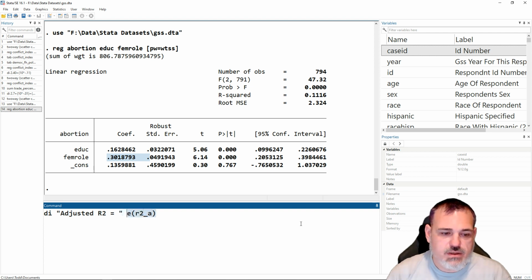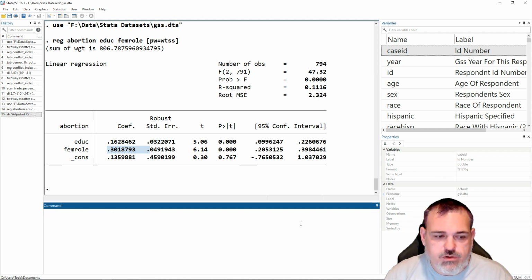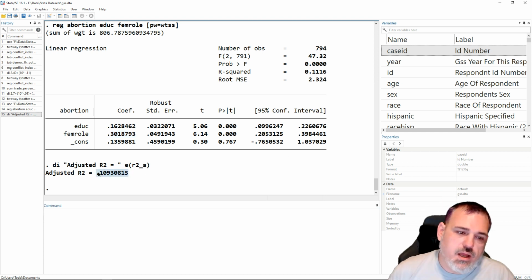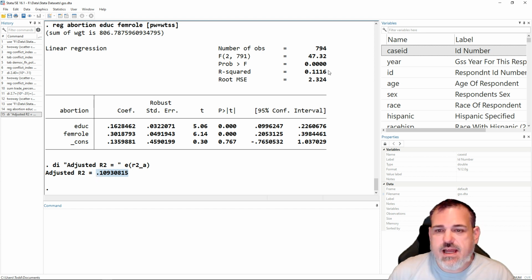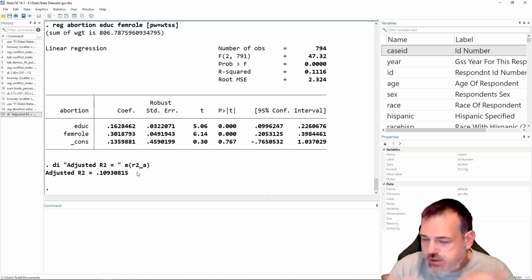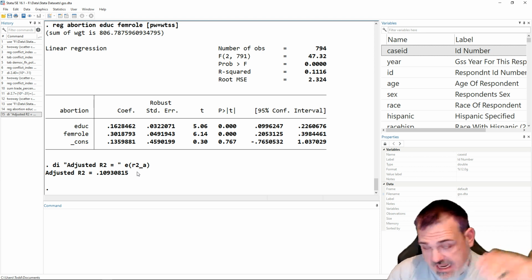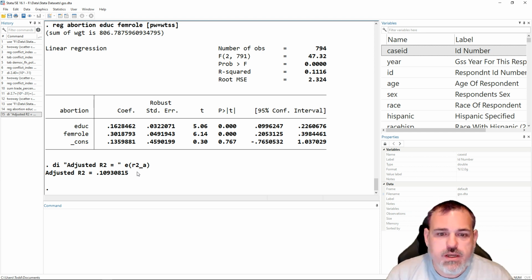So just calculate this. You have to type it immediately after the regression. You'll see that our adjusted R squared is 0.11, really, so 0.09. So it's not that affected by adding an additional variable. But this is the way in which you do this week's homework, and it's generally the way in which you will do your final paper, simply adding more control variables.